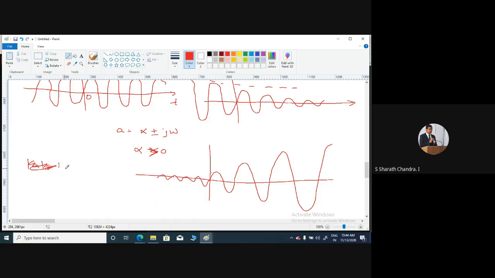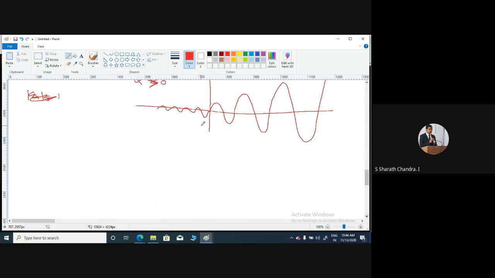I would like to discuss a discrete complex exponential sequence, which actually takes a different form. Let us consider a discrete time complex exponential signal represented as x of n equal to a power n into e power j into omega naught n plus phi.